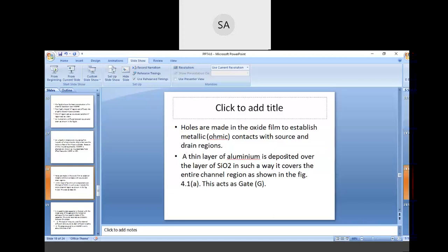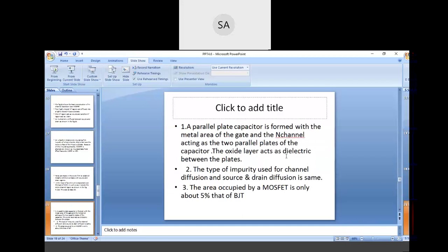A thin layer of aluminum is deposited over the SiO2 layer in such a way that it covers the entire channel region, as shown in the figure, and acts as the gate. So a parallel plate capacitor is formed with the metal area of the gate and the N-channel acting as the two parallel plates of the capacitor. The oxide layer acts as a dielectric between the plates.